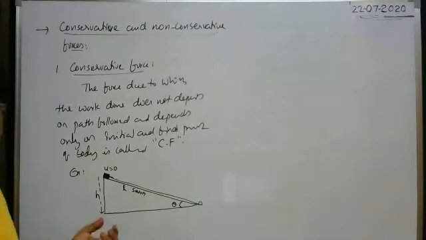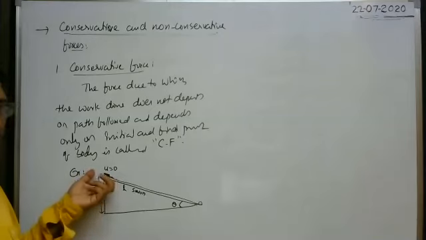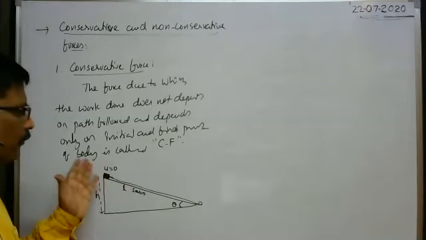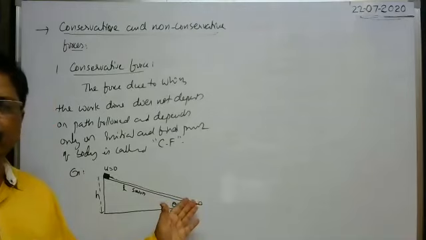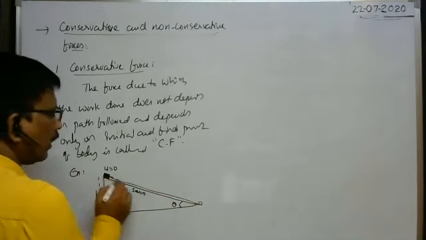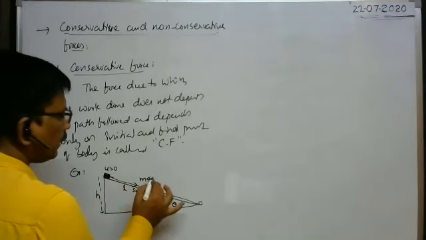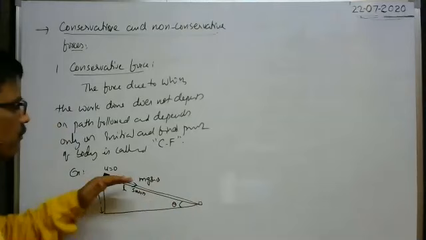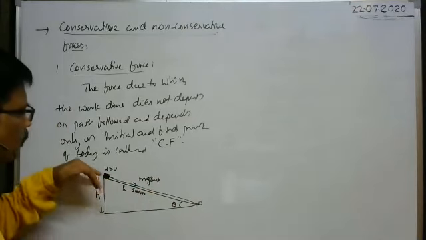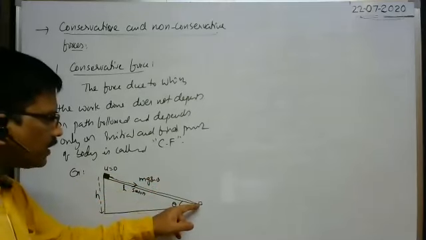Because of the weight component. Along this direction, the weight component acting on the block is mg sin theta. Because of this weight component, the block is pulled down along the inclined plane, and finally it reaches the bottom point.